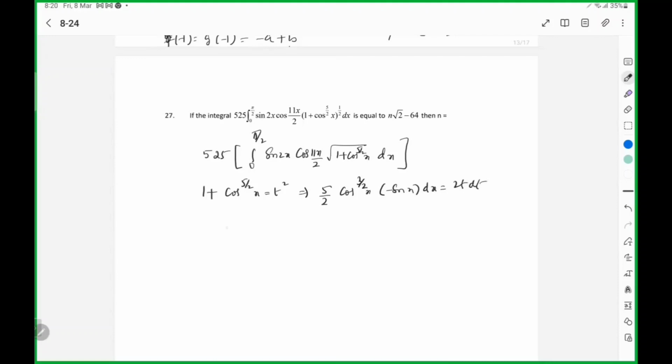Here it is sin 2x cos 11x by 2. This, in place of dx, becomes 2t dt by 5 by 2 cos power 3 by 2 x minus sin x, into root t square.